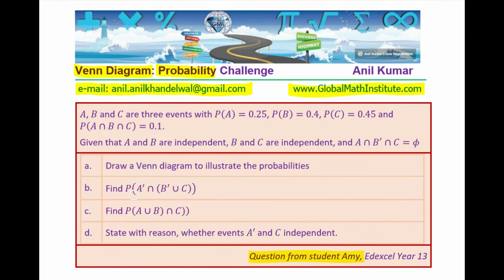Find the probability of not A intersection with not B union C. Find the probability of A union B, not C. State with reason whether events complement of A and C are independent.